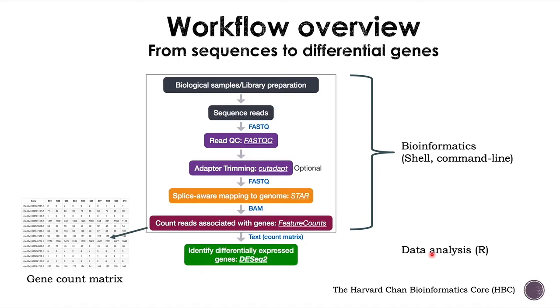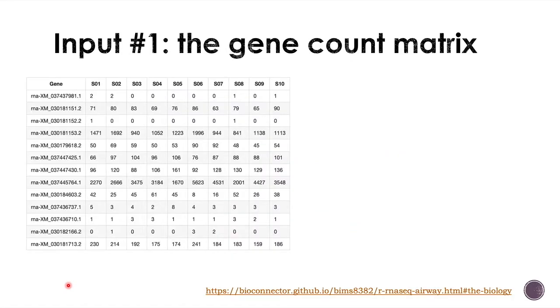So let's see the first input that we'll need for our differential expression analysis, the gene count matrix. This is the first input. It's usually referred to as the gene count matrix or the raw count matrix, it has several different names. What you see is that the first column is usually the gene column, and it contains the identifier of the genes whose abundances have been estimated. The following columns are the samples and are listed here as sample O1, sample O2, etc. In each cell, you will find values.